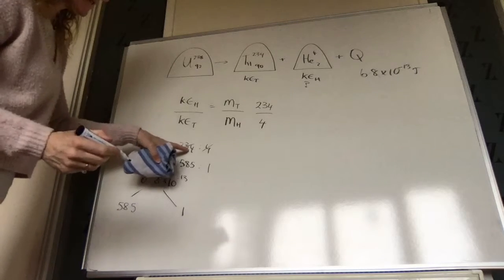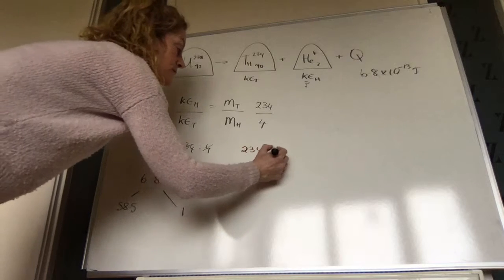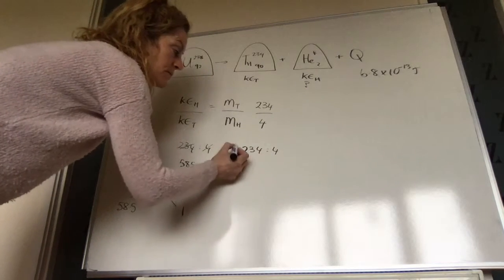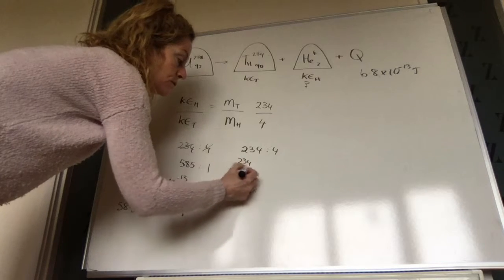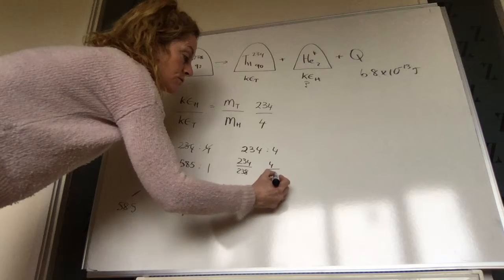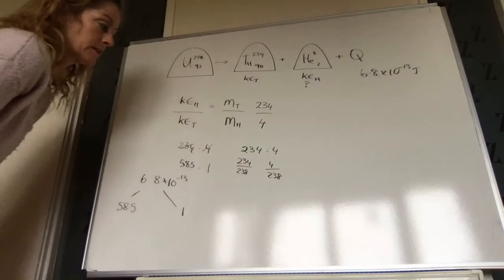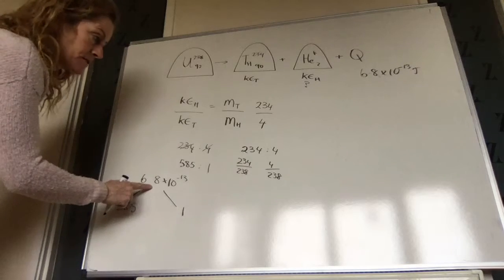Personally, I would stay with the whole number ratios. If the ratio is 234 is to 4, the total sum of the parts is 238. So this particle gets 234 over 238, and this particle gets 4 over 238. Then I would take that fraction of this number.